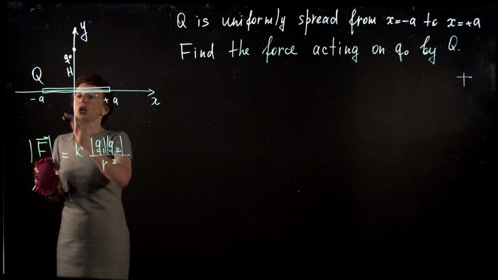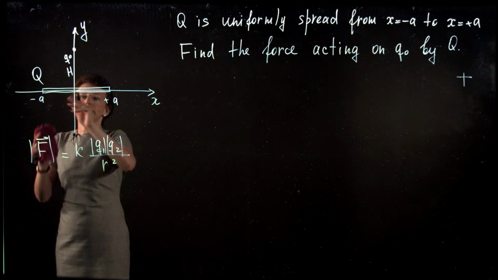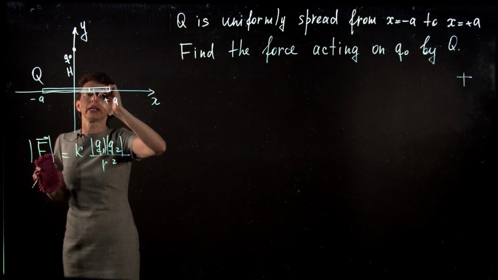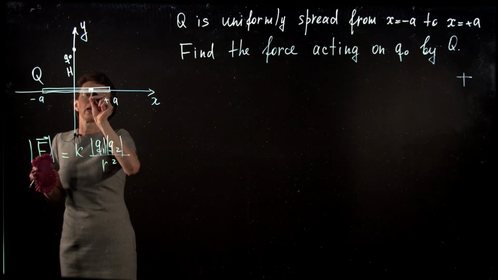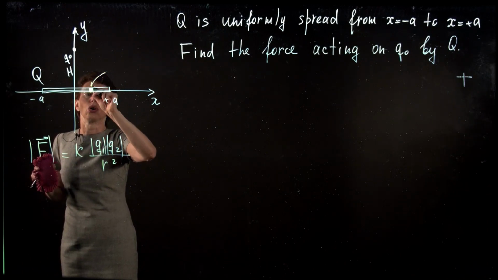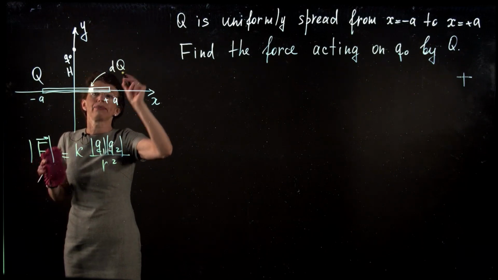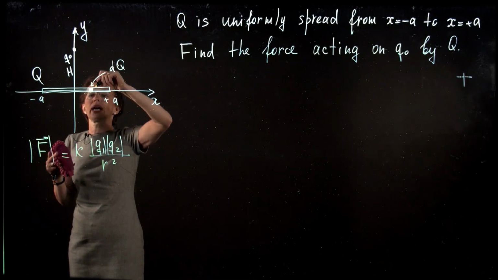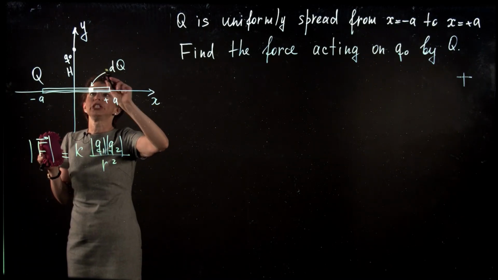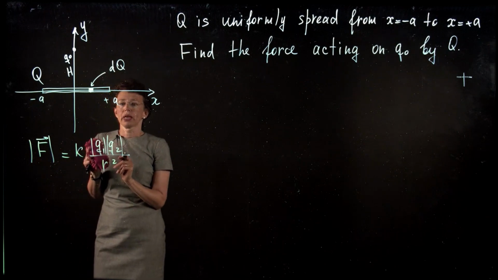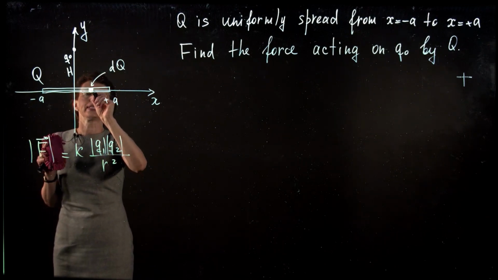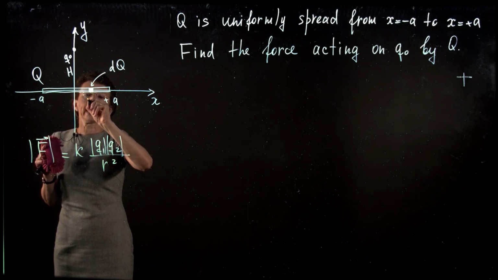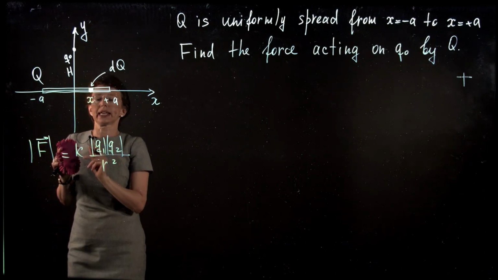What we need to do is slice this extended charge q into infinitesimally small pieces, dq. If I have dq, a point charge, then I know how to write the magnitude of force between dq and q node. What's important is that this dq is located at arbitrary distance x.